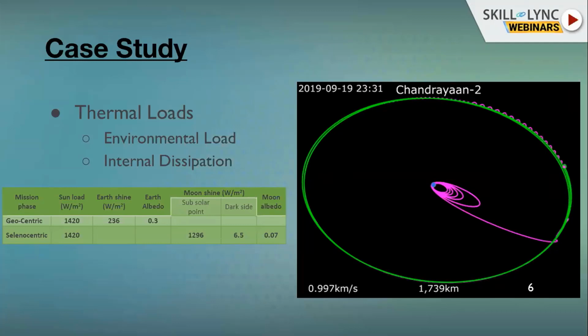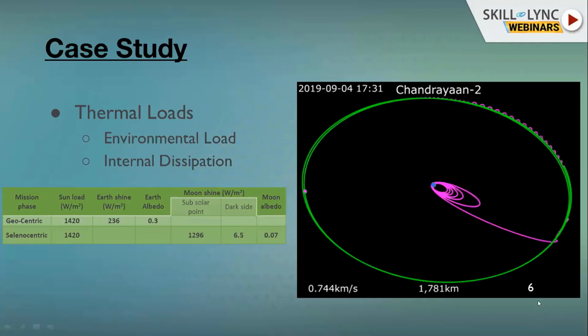So while it is in the lunar orbits, there are other loads coming from the moon. Sun load will be there continuously. It will be 1420 maximum watts per meter square. Then there will be a moonshine. Now, as I told earlier, moonshine is the load which is due to the temperature of the moon itself.